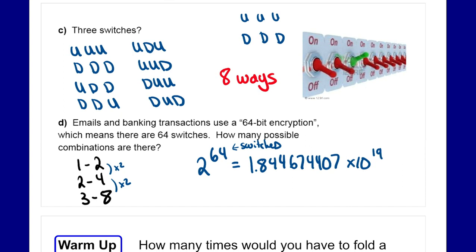So this is a very, very large number. We're going to be looking at some exponents today, so this is kind of a warm-up into that. We're going to look at this form of exponents, what we call scientific notation.